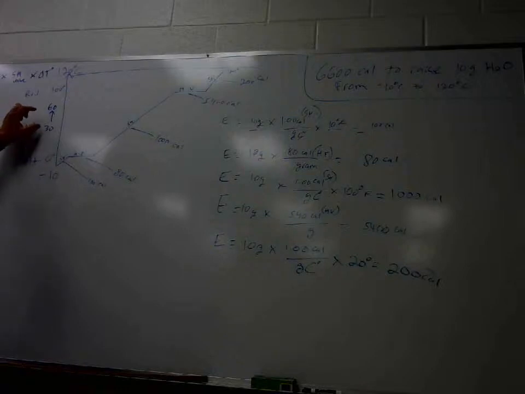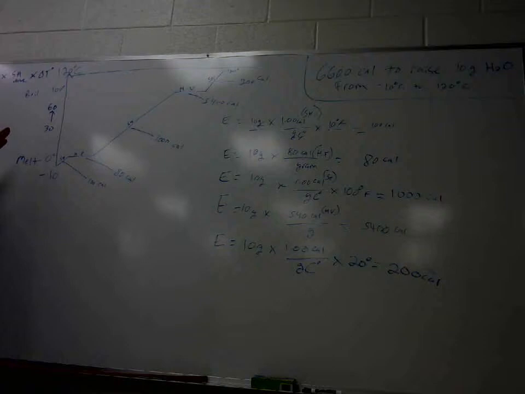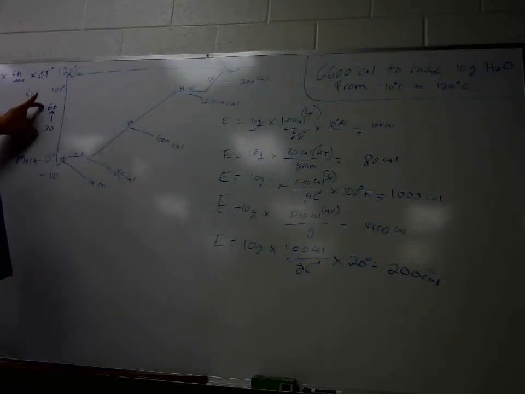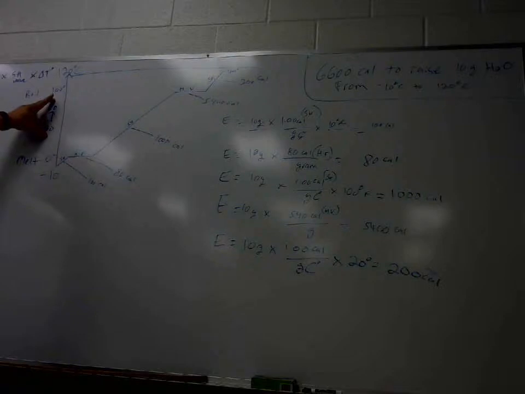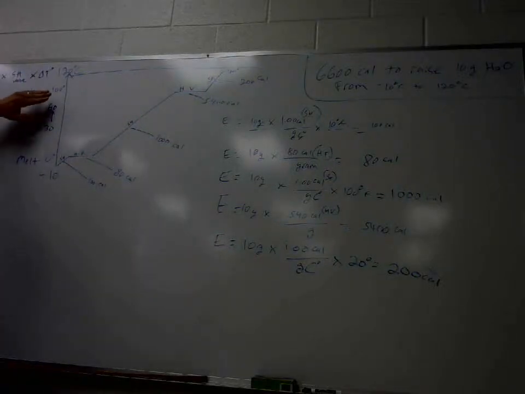So we don't have to worry about the extra energy required for water to make a change of state. All we have to do is worry about a temperature change within the same state, which at that point water would be a liquid. Okay?